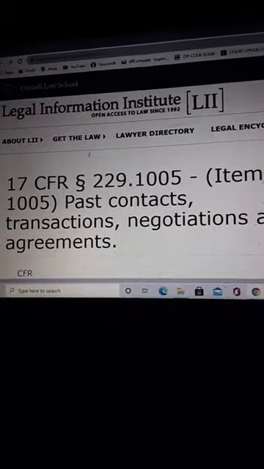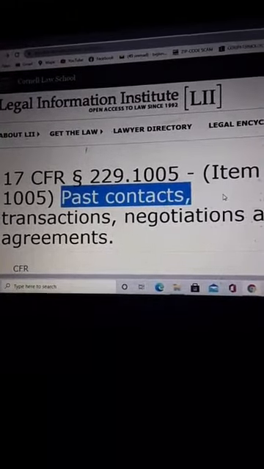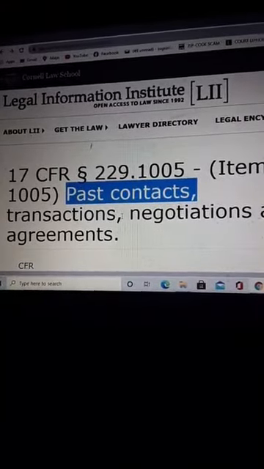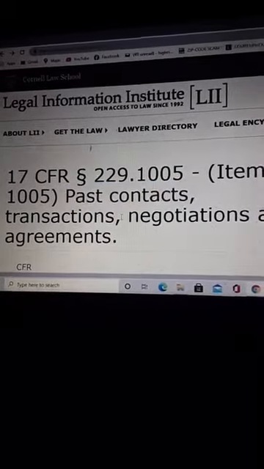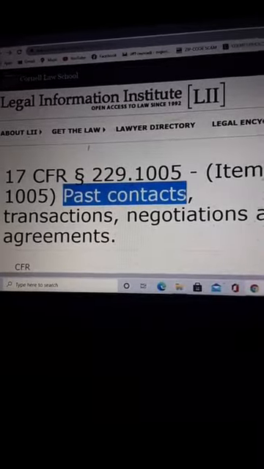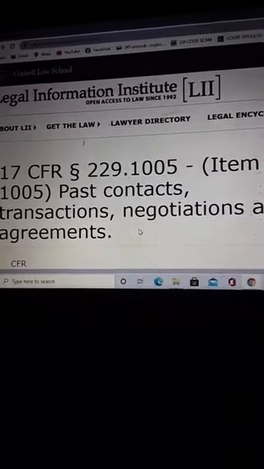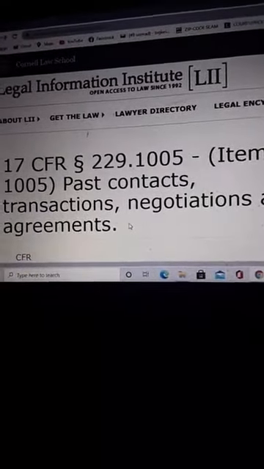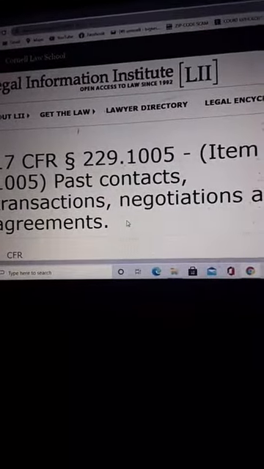Past contacts. Mom and Dad, when you go to the hospital and have a birth, they are using the past contact through your Social Security account to establish the transactions, negotiations, and agreements to provide you with a Social Security account for the baby.